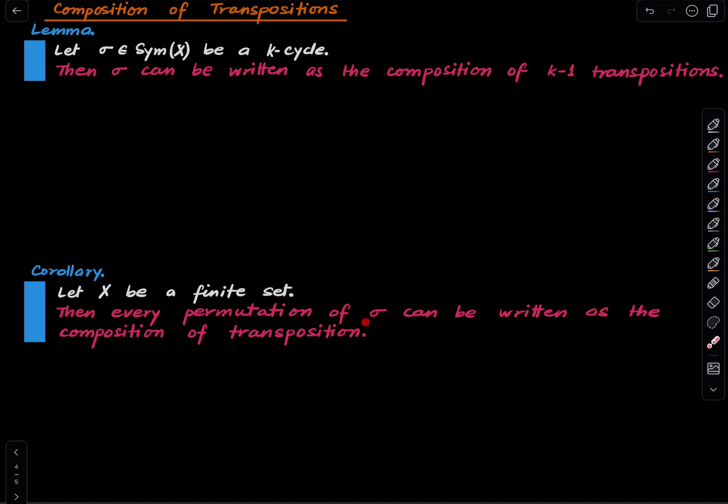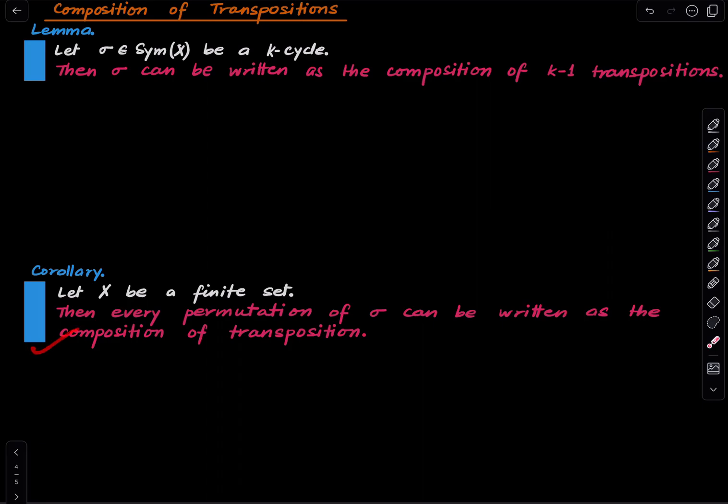And lastly, if sigma is some other permutation, which is neither identity nor a cycle, first you use cycle decomposition of sigma. So you write sigma as the composite of various disjoint cycles, and now write every cycle as the composite of various transpositions. So every permutation can be written as the composite of transpositions suitably chosen.